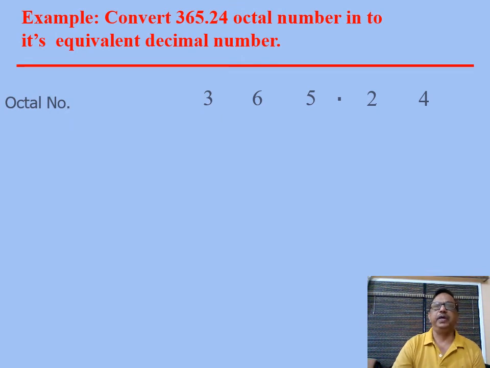Now, see one example by which we can understand how the positional weight works in the octal number system. I have taken an example, 365.24 of an octal number, and we want to see the equivalent number in decimal.